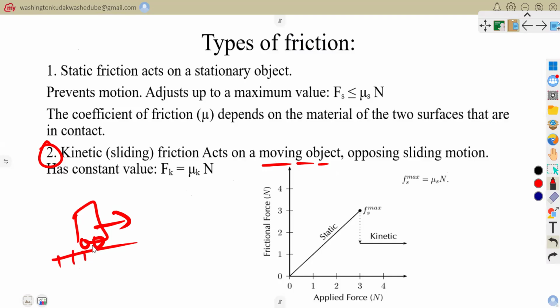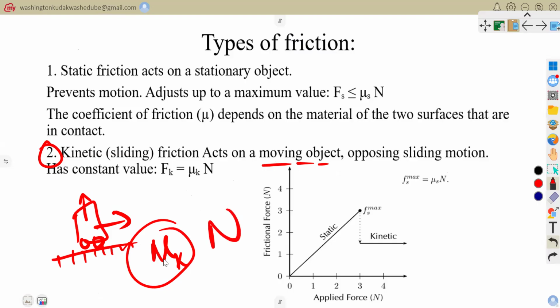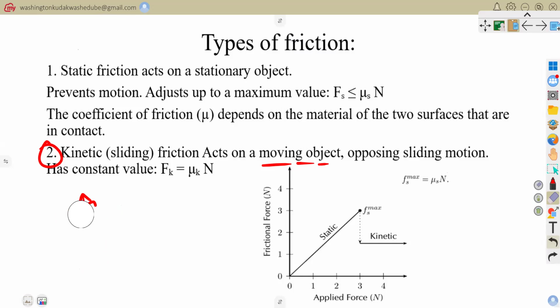This is also due to the roughness of the surface as well as the normal force. So you are going to have the coefficient of kinetic friction and the normal force. That is what is going to define our kinetic frictional force. Once we know that, we now know that we have two types of frictional forces.